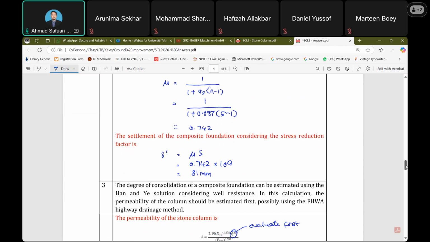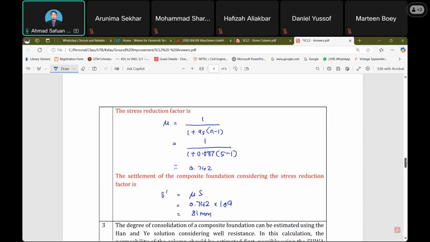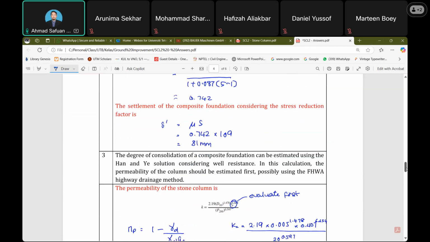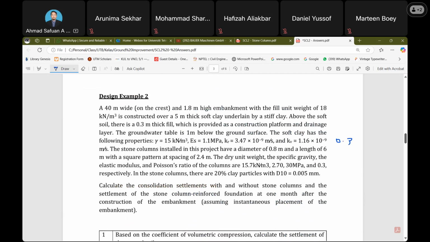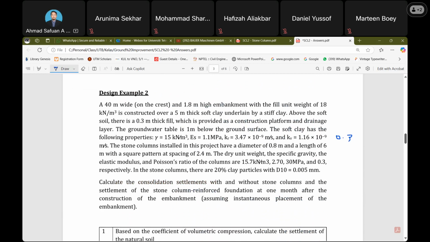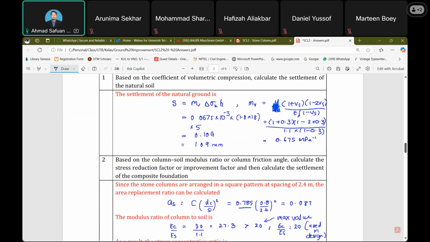Now we want to investigate what is the settlement after 1 month, after 1 month of the construction of the embankment.